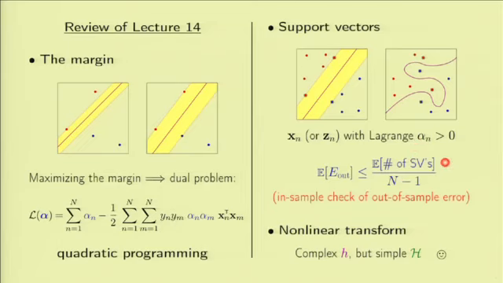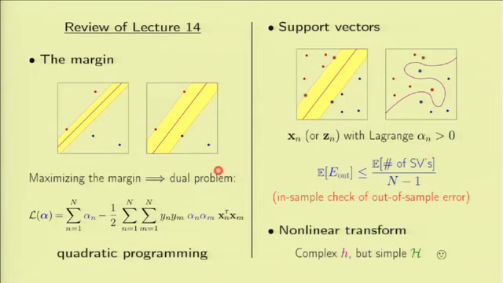But the key issue here is something really worth noting. The right-hand side, without the expected value, just tells us that we have to average this over a number of cases for this to be true. We are dividing the number of support vectors by N. The number of support vectors is an in-sample quantity.